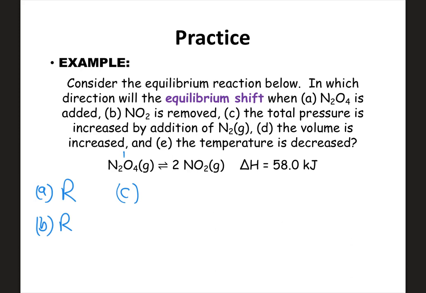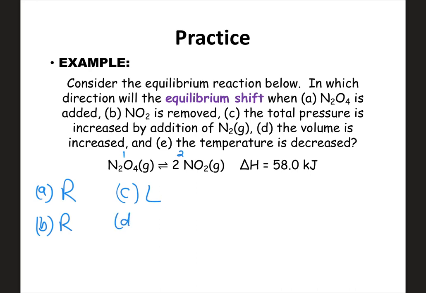On the right side, we have two molecules of gas. So now if we have the pressure increasing, we need to shift the reaction in a way that decreases the pressure. So we're going to shift to the side with less molecules of gas here. So the side with less molecules of gas would be the side with one. So we're going to go to the left.